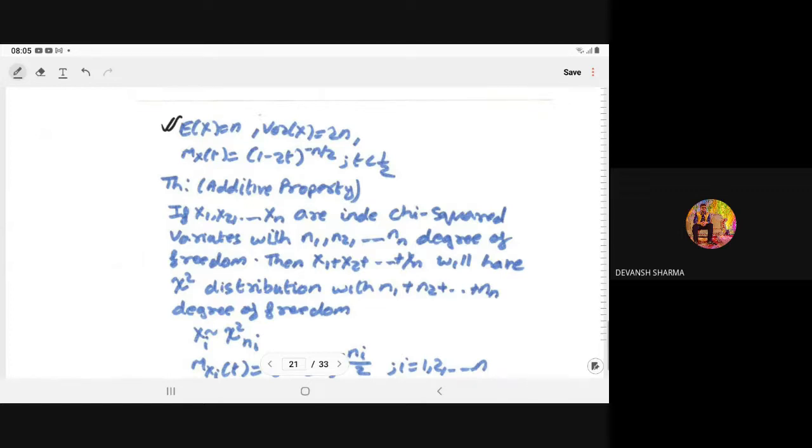Whatever applications we study, in all of them the variables are multivariable. That's why we are mainly studying the additive property.